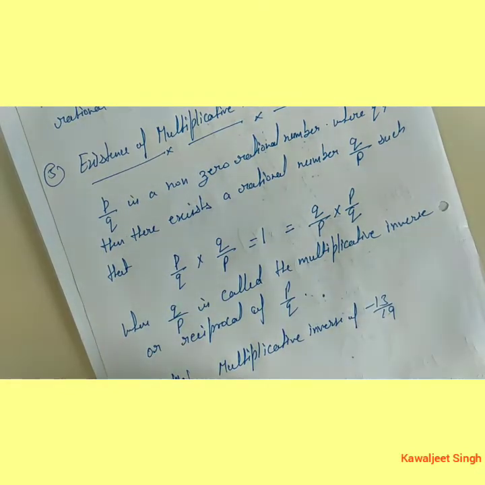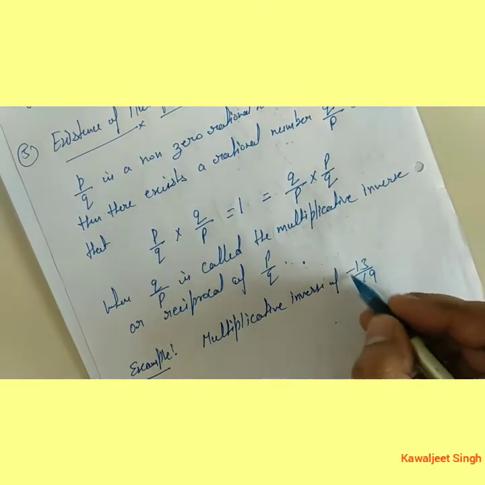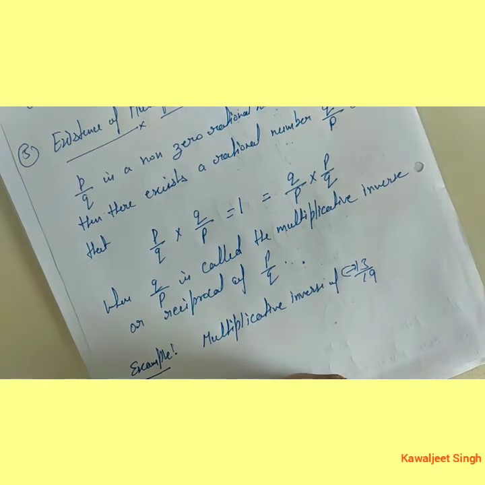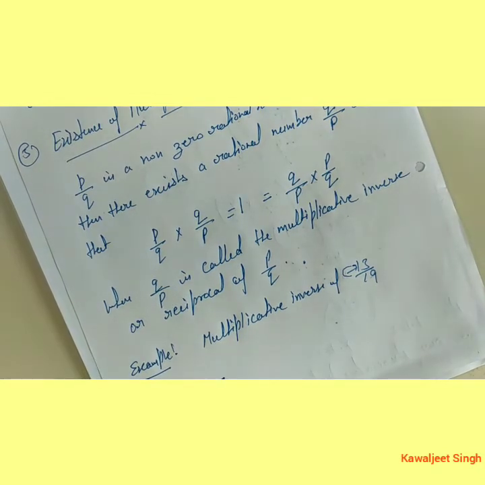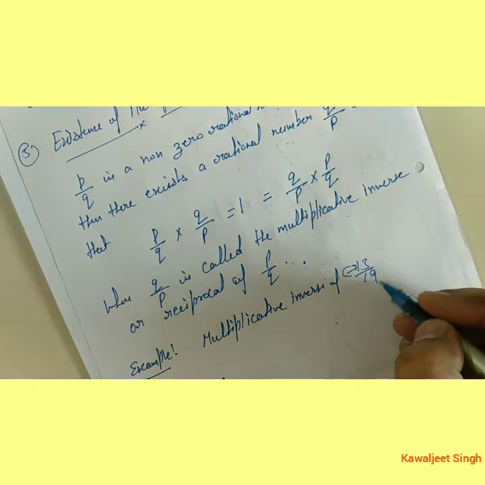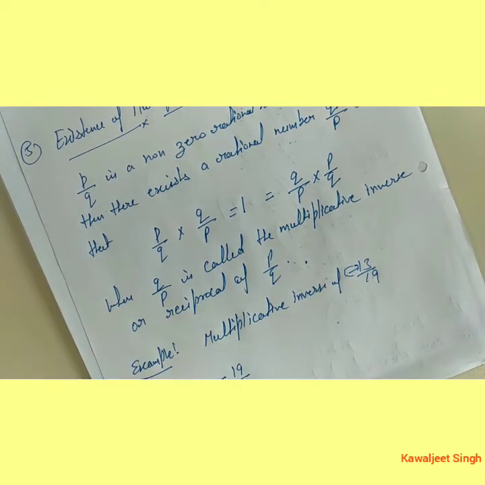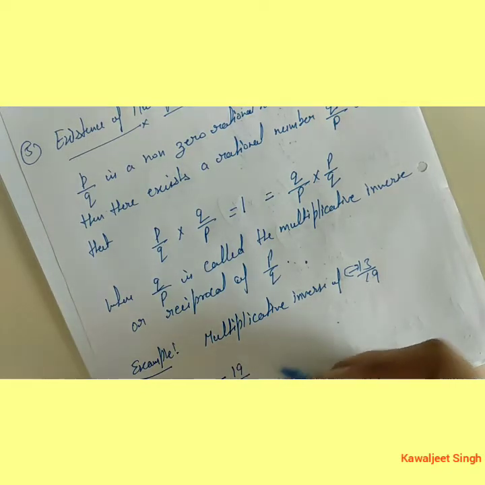So just simple here, when we take the reciprocal of this number, no need to shift the sign to the denominator, write the sign as it is in the same place, just the reciprocal of 13 by 19, it becomes minus 19 by 13, and this is our multiplicative inverse of minus 13 by 19.